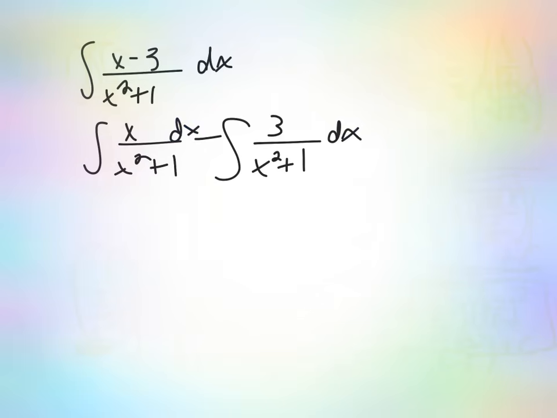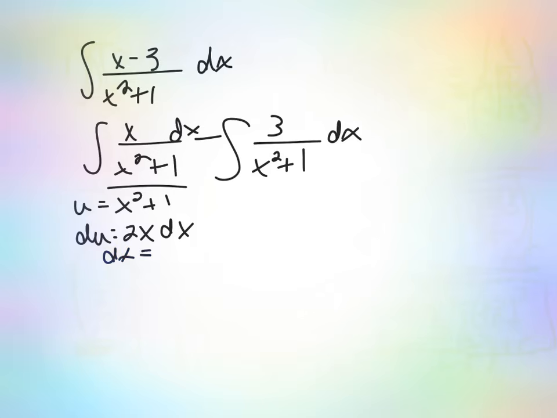So for this first part here, just write it out how you want to, but if you want to do a u substitution, you could do u equals x squared plus 1, du equals 2x dx, so dx equals du over 2x.